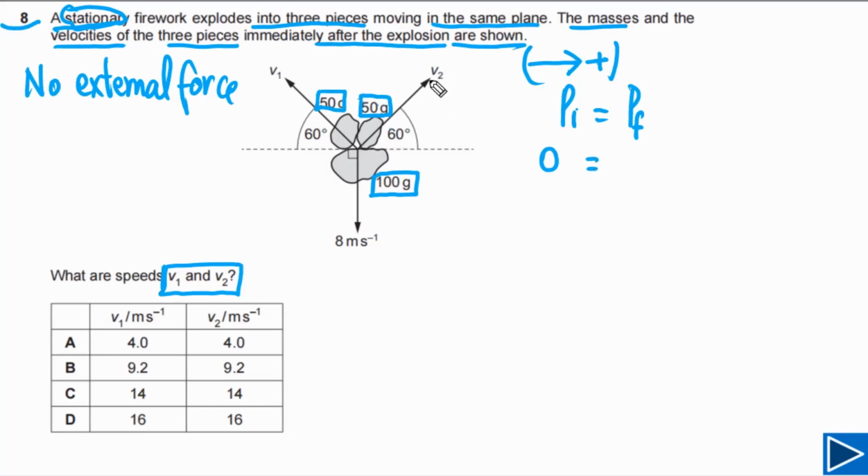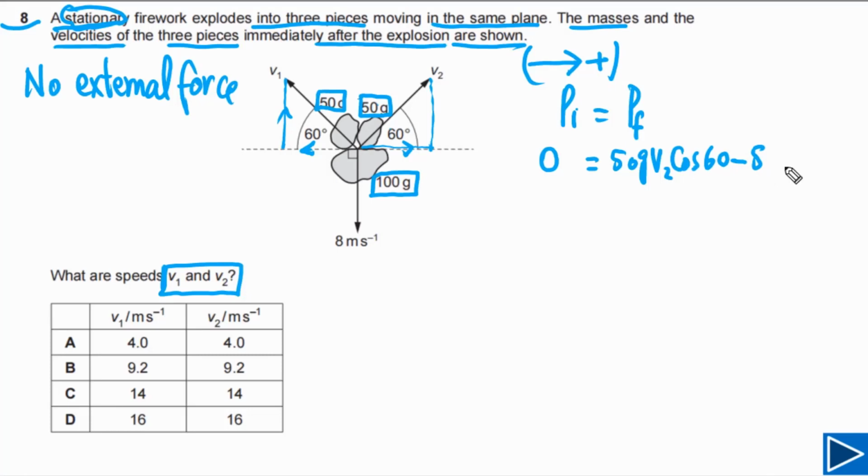Now, if you look at the momentum of this piece along horizontal, along the x direction, this is positive. So we can simply write 50 gram times V2 cosine of 60 degrees. Now if you look at the momentum of piece 1, the velocity is to the left, so we will take this one as negative because we have taken to the right as positive.